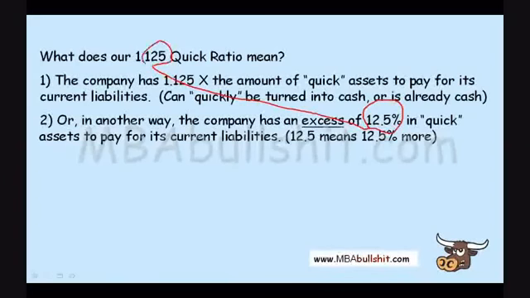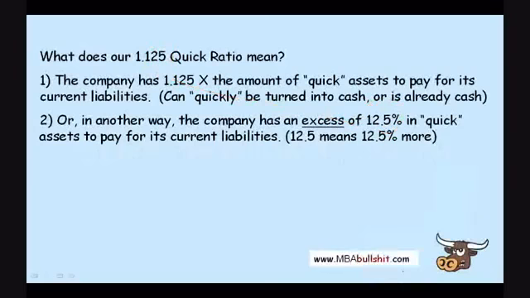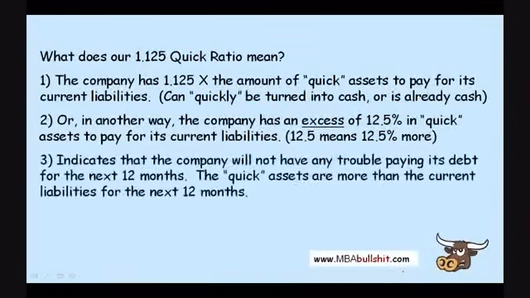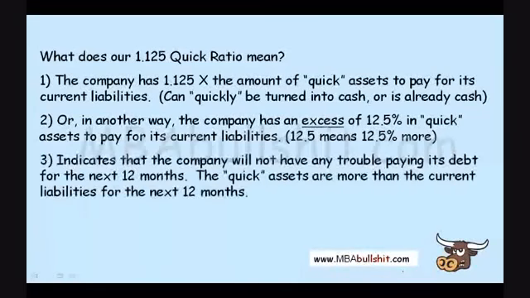This 0.125 is equal to 12.5 in percentage terms. Remember, it's just an indicator, it's not 100% sure. This indicates that the company will not have any trouble paying its debt for the next 12 months.